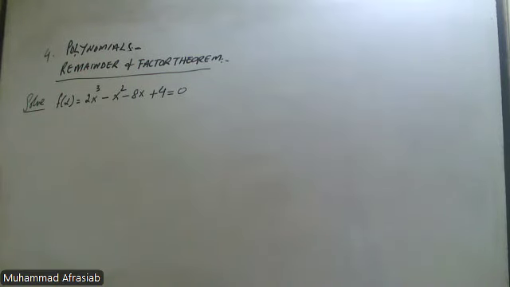This is the question regarding the factor theorem, where f of x is equal to 2x cube minus x square minus 8x plus 4 equal to 0. Since we are going to get the solution of this problem, we have different methods.